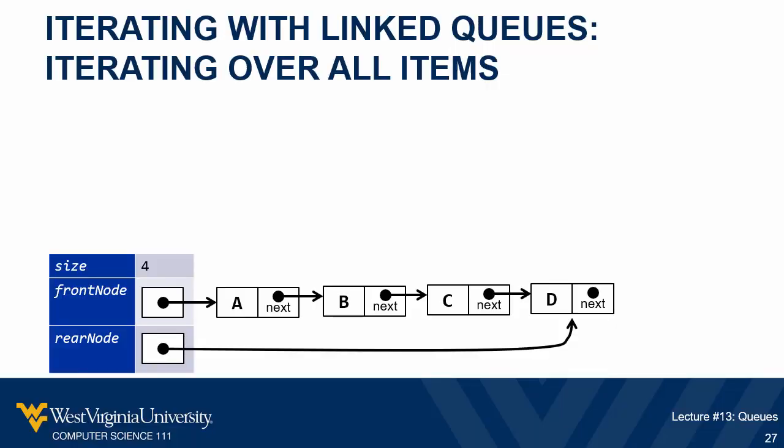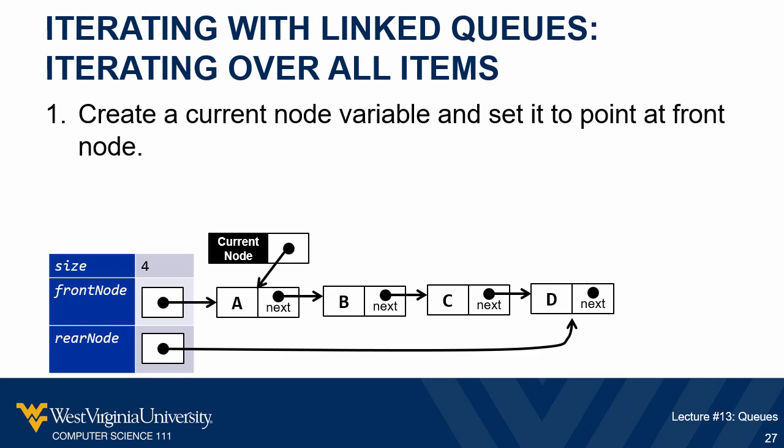Our last method is going to be to export the contents of the linked queue to an array. And for this, we just need to go and iterate over all of the nodes that we have. Even though we have both a front node and a rear node, this process for the queue is going to work the same as essentially what we've done with our other linked implementations.